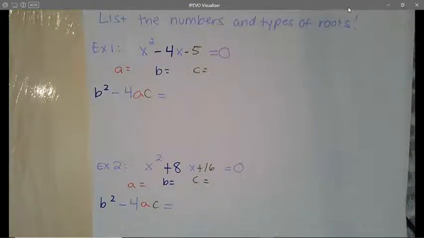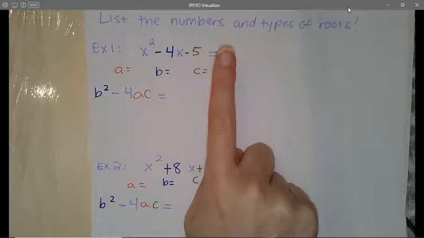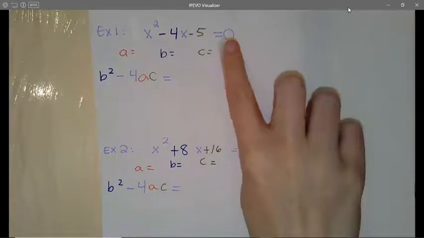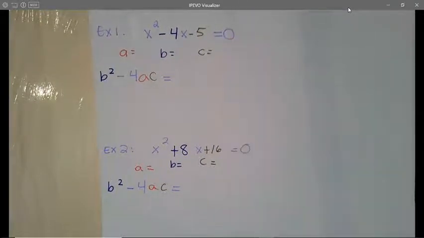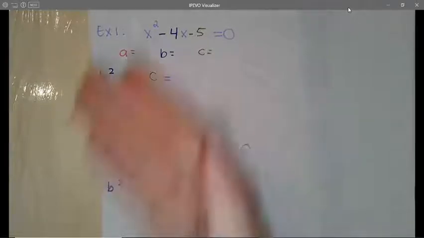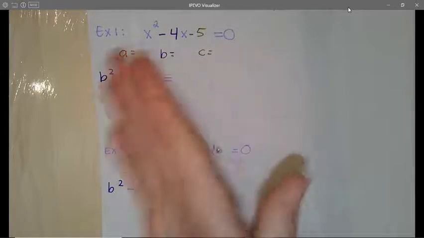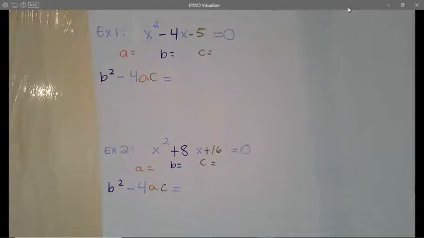So example 1, our quadratic equation is x squared minus 4x minus 5 equals 0. And in all three of these will all equal 0, so we don't have to worry about making one side 0 first. Otherwise, we would need to make sure that this side is 0. Okay, so the first step, since the discriminant has b's, a's, and c's in it, it would be helpful to know what the a, b, and c are.